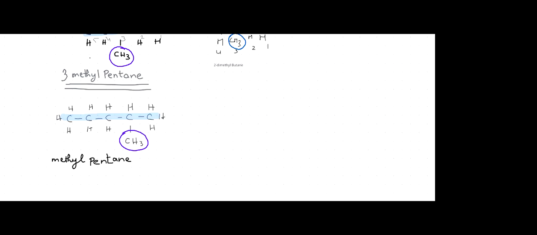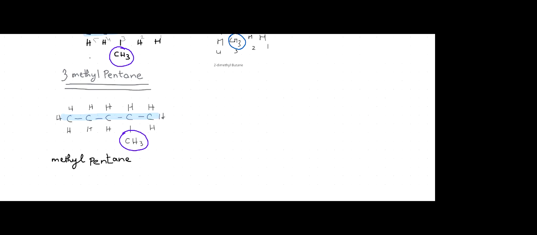So number the carbon atoms first from the left-hand side, then from the right-hand side, and choose the smallest number. Will it be 2? It will be 2. You're absolutely correct. Good job.